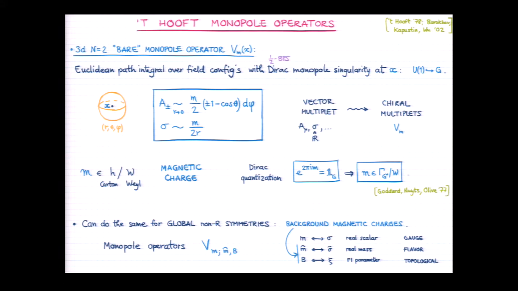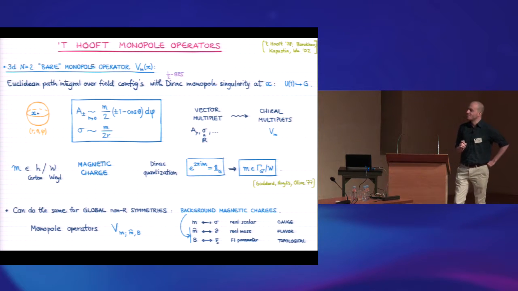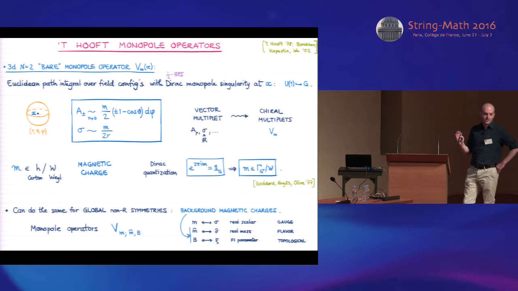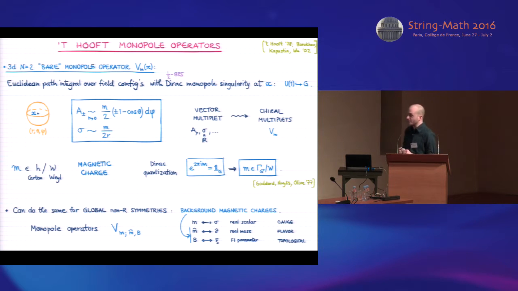So what are these 't Hooft monopole operators? Let me quote here the opening of a paper by Kapustin in, I think, 2005, which goes something like this. It is known to quantum field theory aficionados, but not appreciated widely enough, that local operators need not be defined as local functions of the fields which are used to write down the Lagrangian.